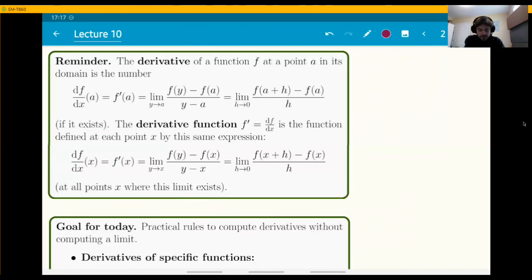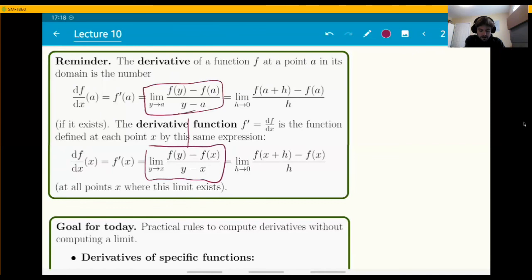And we can also talk about the derivative function, the function f prime or df dx. By definition, it's the same thing really. It's just this limit evaluated at every possible point x where this limit exists. So now we're thinking of this x as a variable instead of a fixed number a, but you can see that it's exactly the same thing.